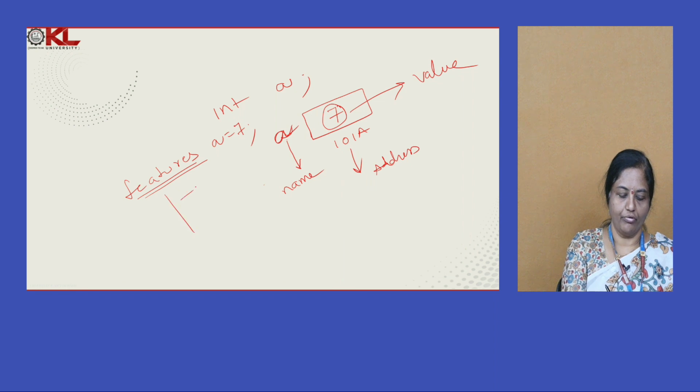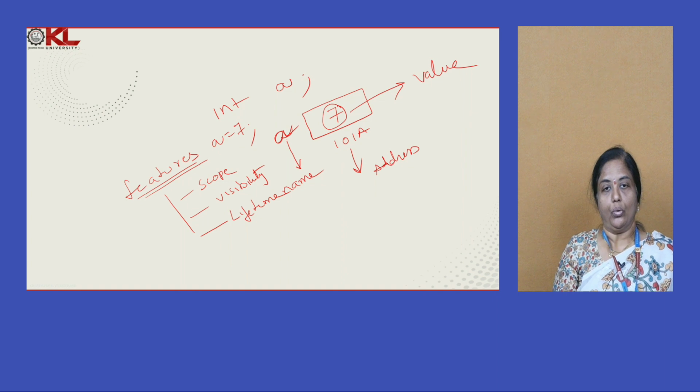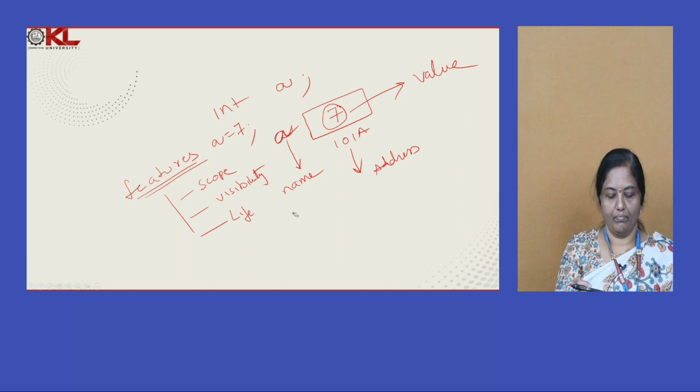The features of your variables are scope, visibility and lifetime. Scope, visibility and lifetime. Understood?